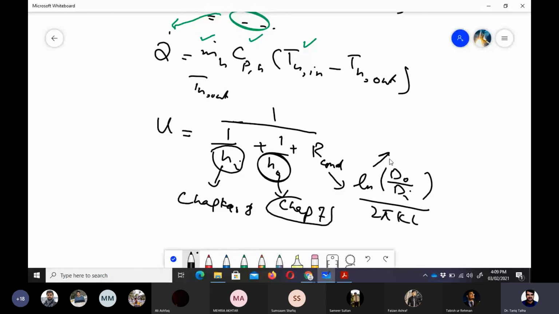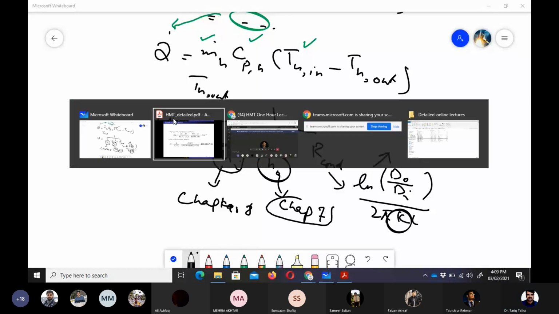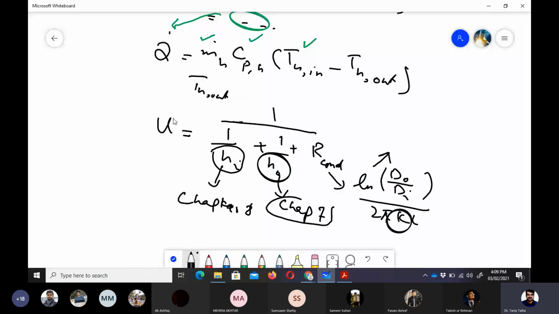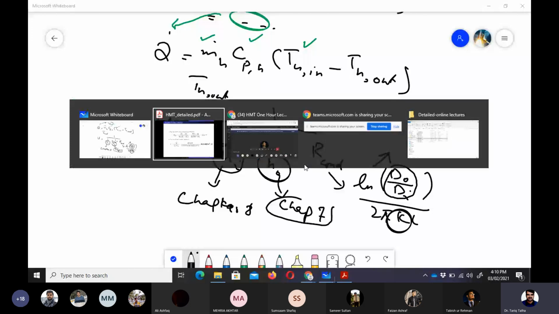In this, the material of the pipe should be selected such that the U value comes out to be equal to 32.5 or more than that, to be on the safe side. And the thickness of the pipe also comes into play here. The thickness of the pipe should be such that it can have a U value equal to the numerical value which has been calculated here.